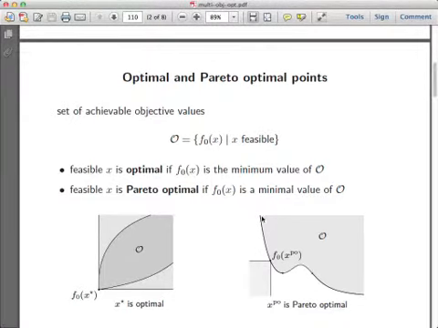So this is a point of very low performance, but also very low energy. You see how it works? Now, as you give me more and more energy, I can get more and more performance. That's the idea in multi-objective optimization. You sacrifice one, you get the other.